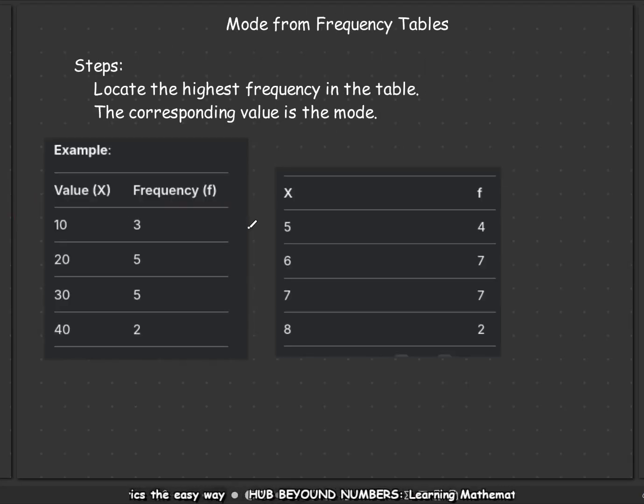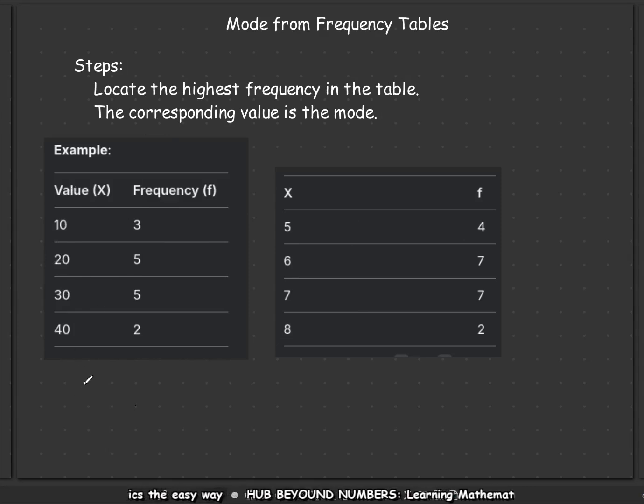For this second one, we want to determine the mode from a frequency table. It is also very straightforward, just as with raw data. If you want to determine the mode from a frequency table, you first have to locate the highest frequency in the table. So these are 2 frequency tables. I'll do this one, then I'll leave this for you to try.